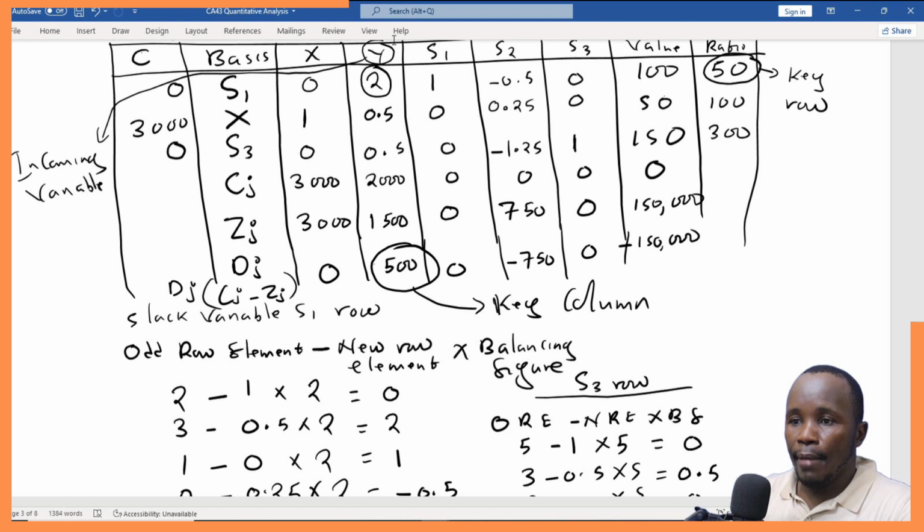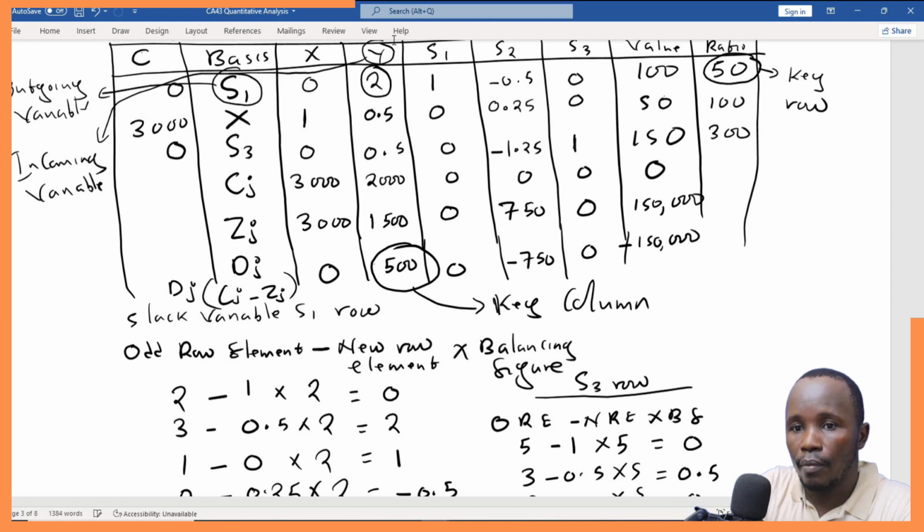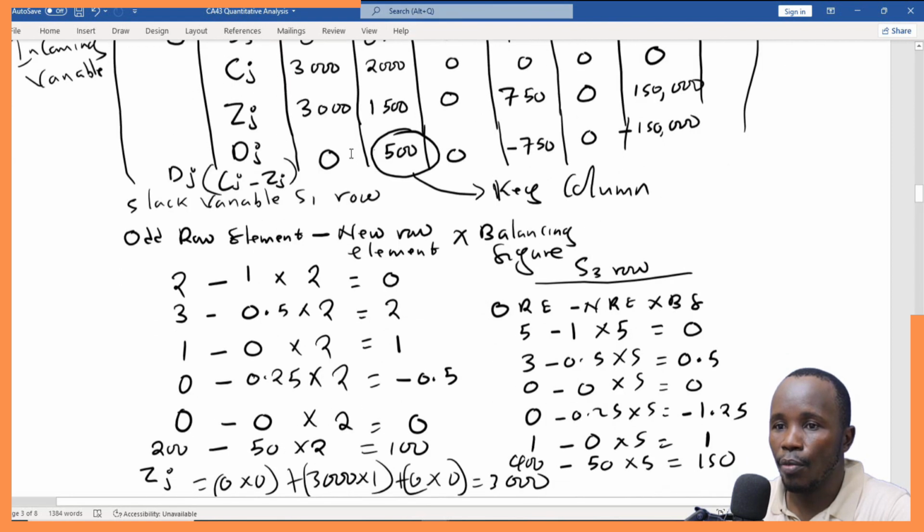Now, the key row is going to give us what we call the outgoing variable. This is the outgoing variable. Now, we have identified our key column, the key row, plus the key element. Let's fill our table now.